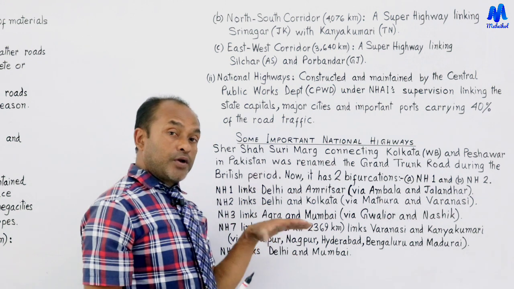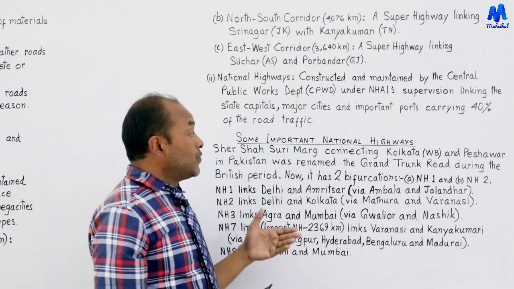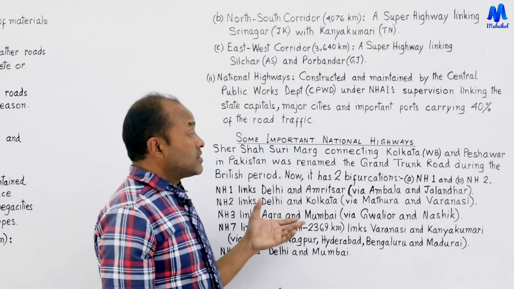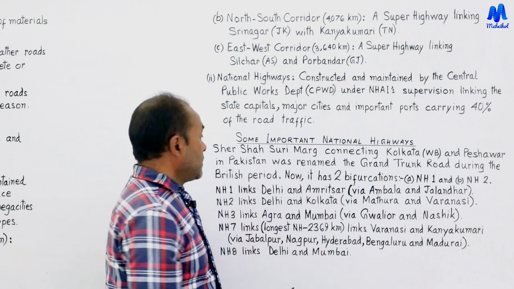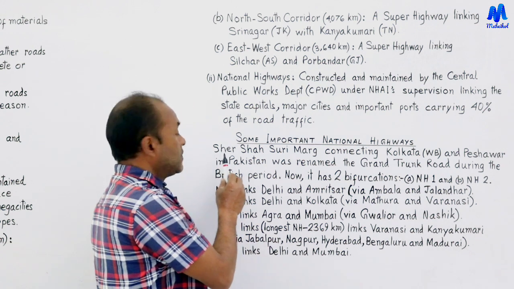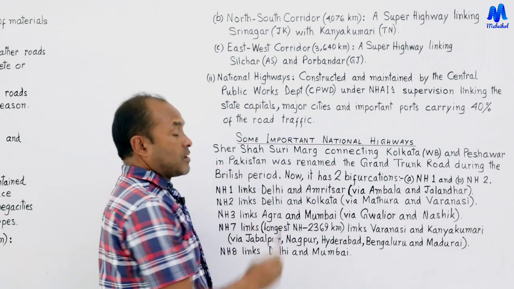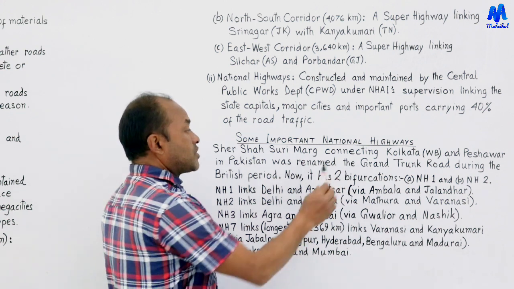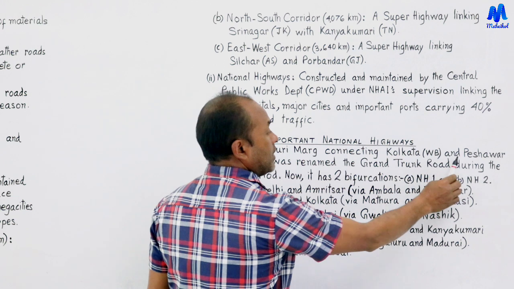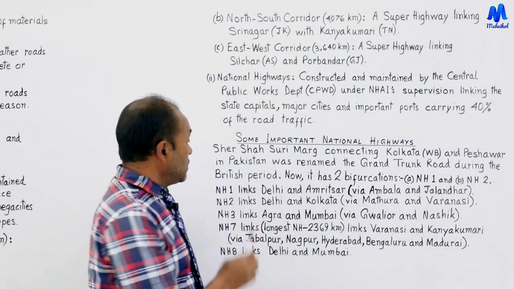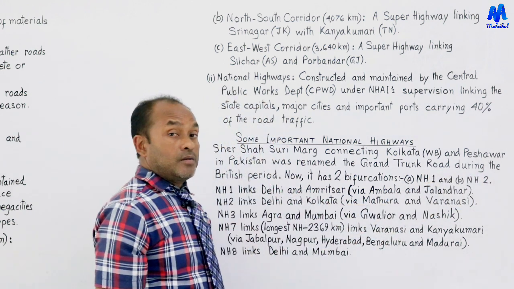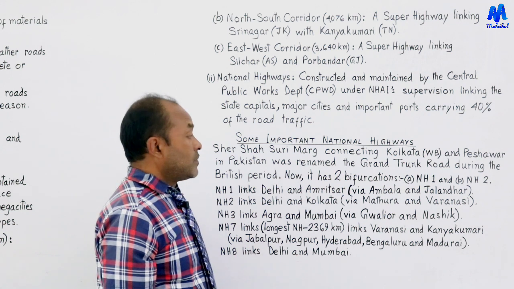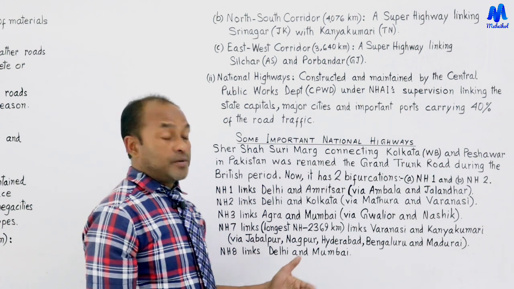And now we're going to take a few important national highways of India. Okay, let's have a check. Shershah Suri Marg. This is a historic road which connects Kolkata, West Bengal and Peshawar, a city in Pakistan, during the post-British period.